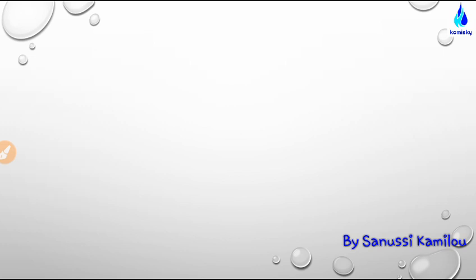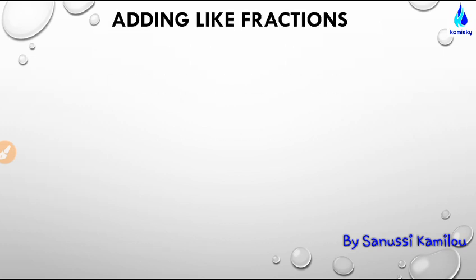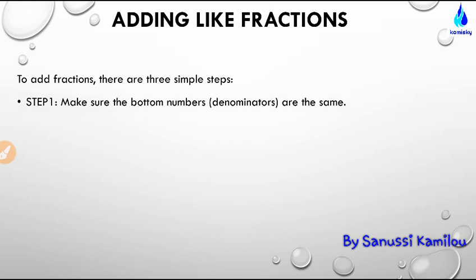Very good. So let's quickly see how we can add like fractions. In adding like fractions, there are 3 simple steps. Or in general, to add fractions, there are 3 simple steps. Number 1, make sure the bottom numbers, which are the denominators, are the same.